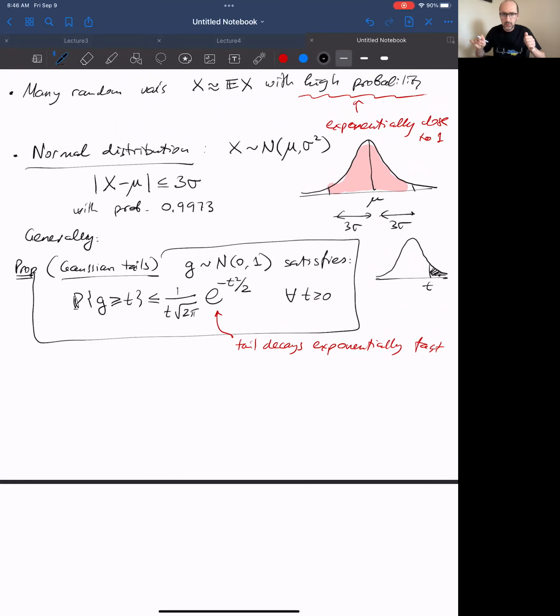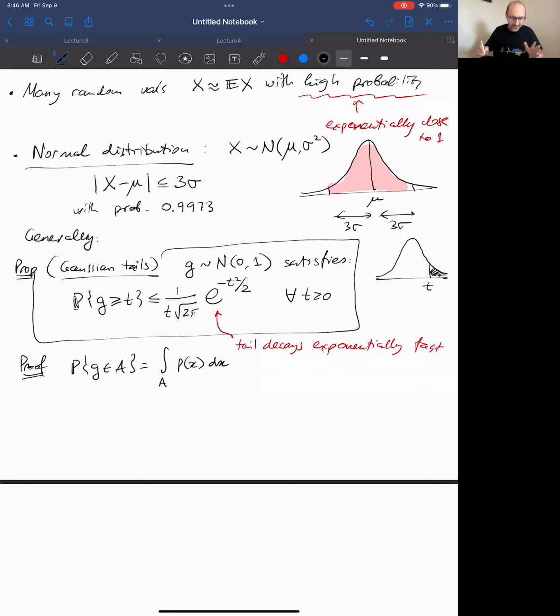Okay, good. So these tails do decay exponentially fast. Let's prove it. We'll just flex our muscles in analysis here. So we know how to do things like this. How do we compute the probability that G is in some set A? It's related to the density, right? You integrate the density on that set. That's what density is for.